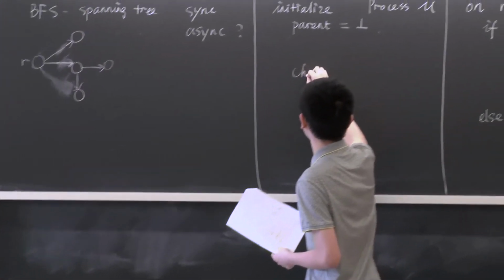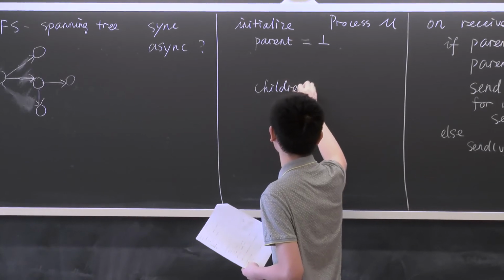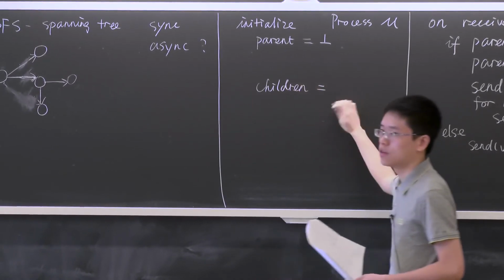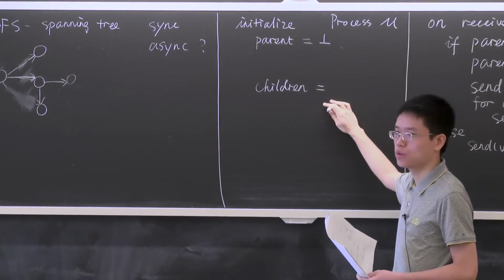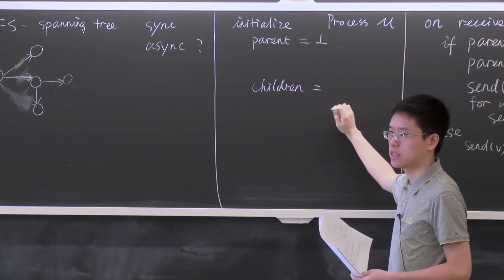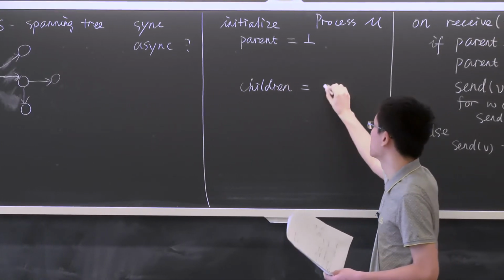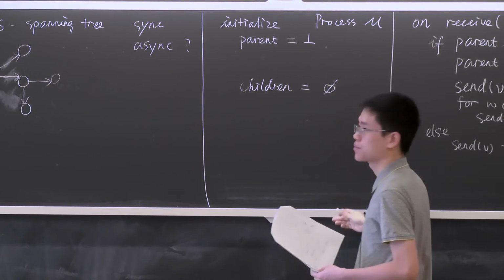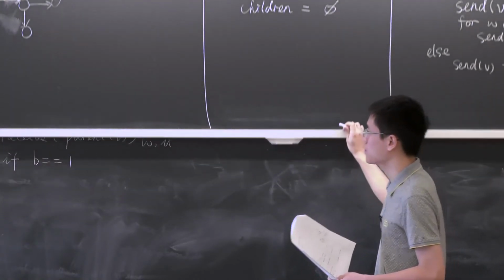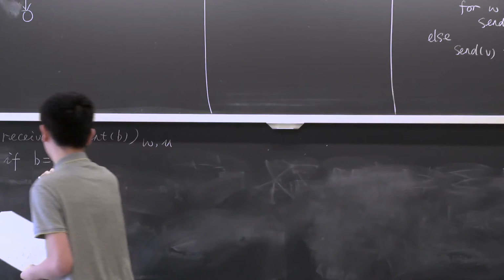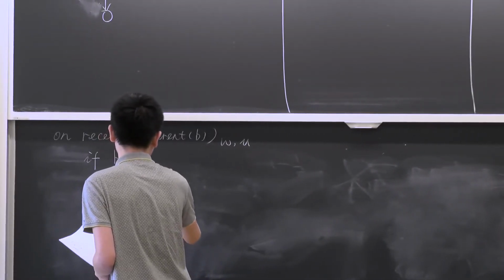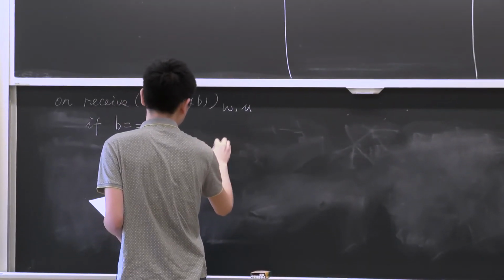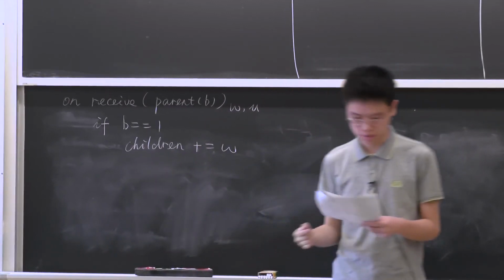We will create a new variable called children. It's going to be initialized to what? Yeah, empty set. And now if this B is 1, then I'm going to put W in this children list.